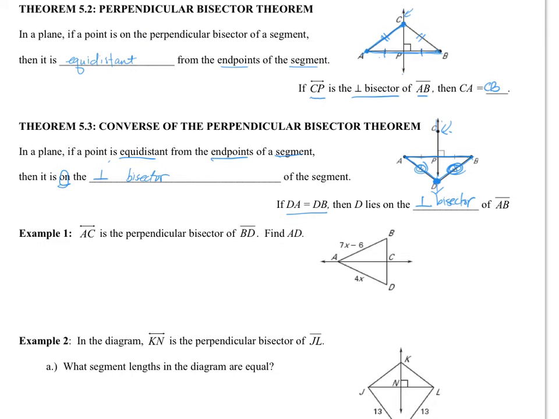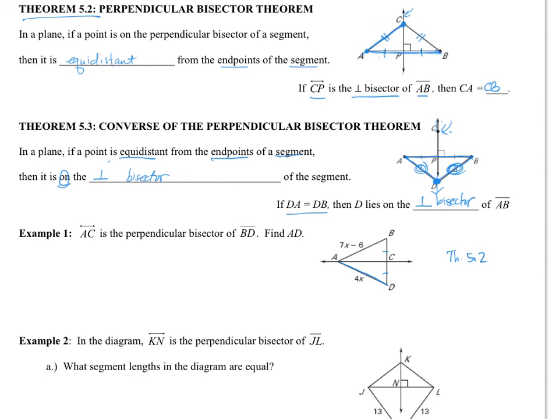Okay, let's look at an example that illustrates theorem 5.2, this one. If line AC is the perpendicular bisector of BD, so we can mark these. Find AD, we want to know the length of this.